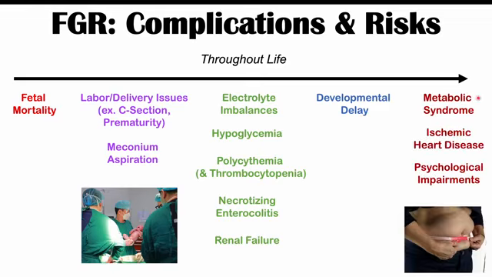And some of these include metabolic syndrome, so they're more likely to have obesity and type 2 diabetes, they're more likely to have ischemic heart disease, and they're more likely to have psychological impairments such as mental health disorders and prolonged and long-lasting cognitive issues. So although a young infant may be born with fetal growth restriction, they can have long-lasting impacts of that fetal growth restriction even later on in life. So these are important to make note of with FGR or fetal growth restriction.